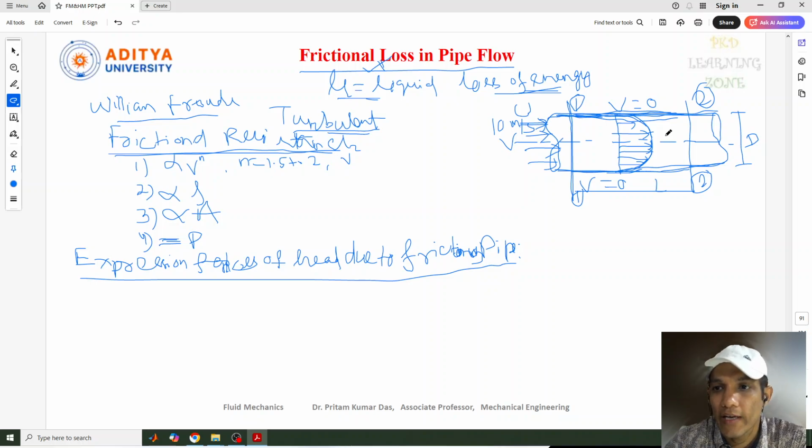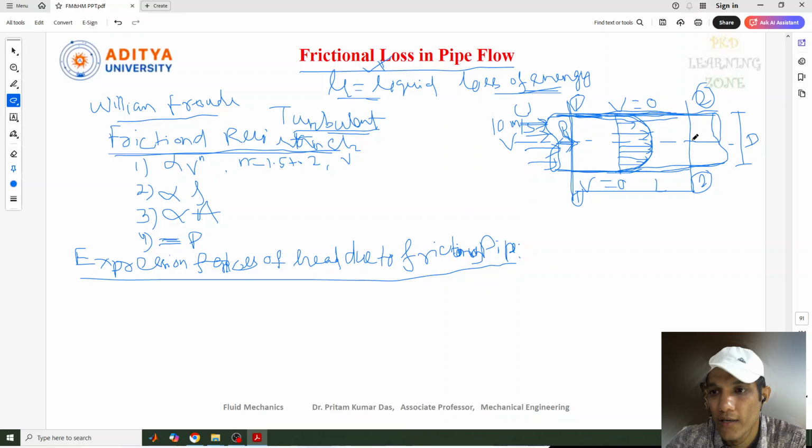Now we need to see what is the pressure impact, what is the intensity of pressure at section 1. When the fluid is flowing in this region, there will be a pressure intensity. Suppose this is P1, because it is section 1.